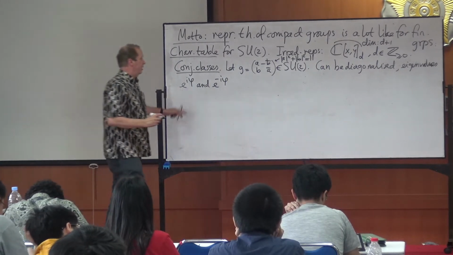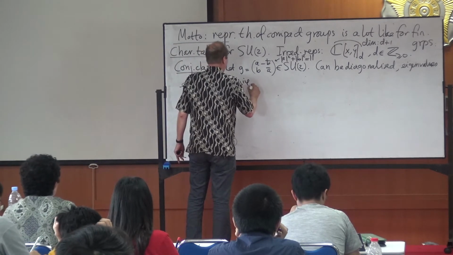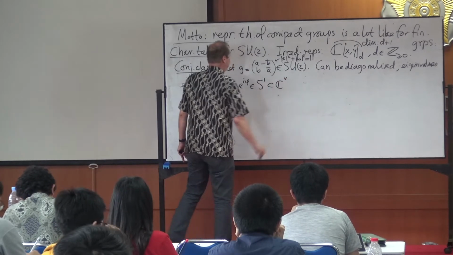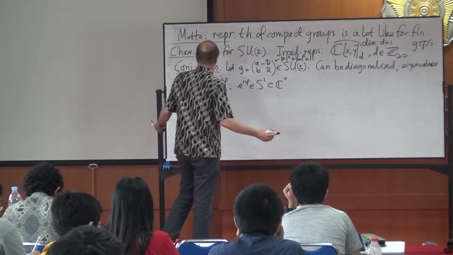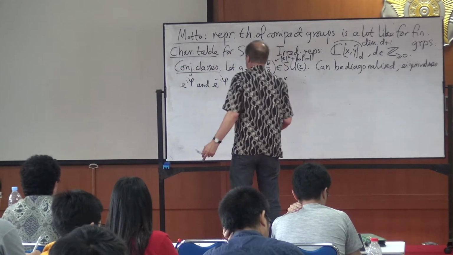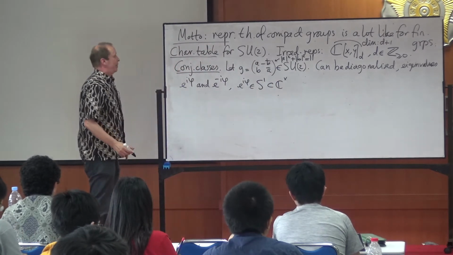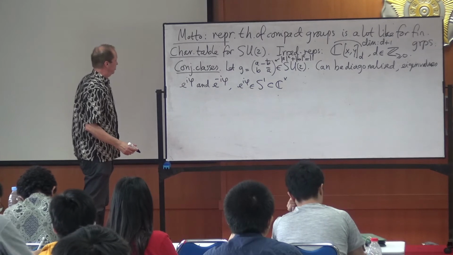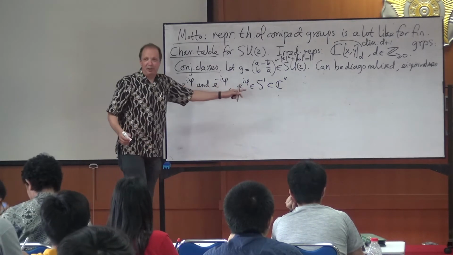Say e to the I phi is in the circle, in the multiplicative group of complex numbers. So everybody can be diagonalized.